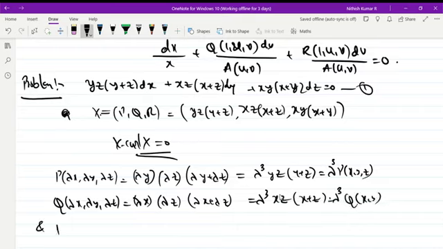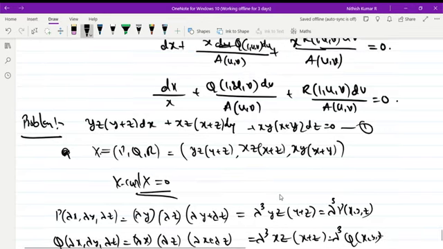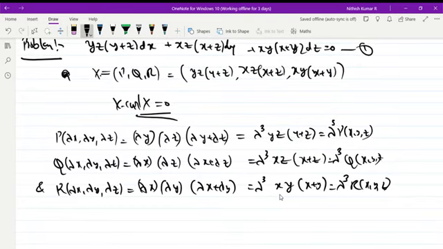And r of λx, λy, λz is λx into λy into (λx plus λy), which is λ cube into xy into (x plus y), which is λ cube into r of x, y, z. Hence p, q, r are homogeneous of degree 3.